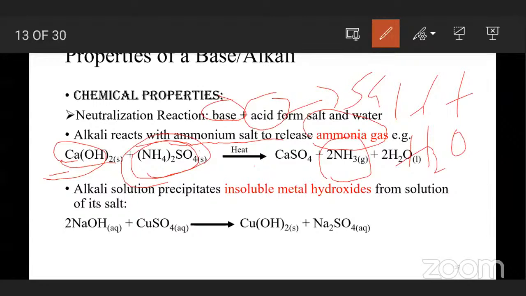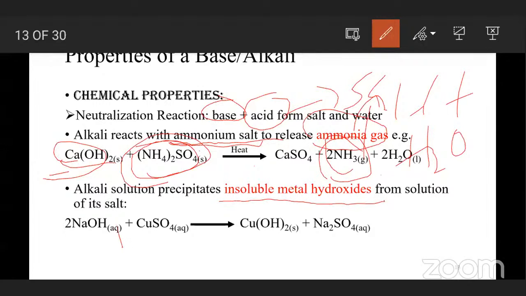If it gets inside water, it can even start tasting like urine. So you may see evolution of this ammonia gas when the alkali or base reacts with an ammonium salt. Ammonia gas is evolved.